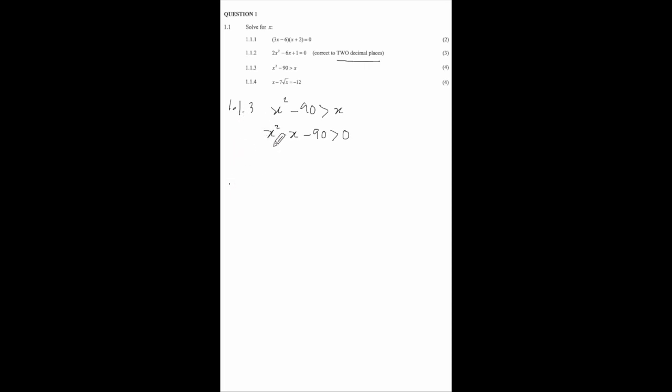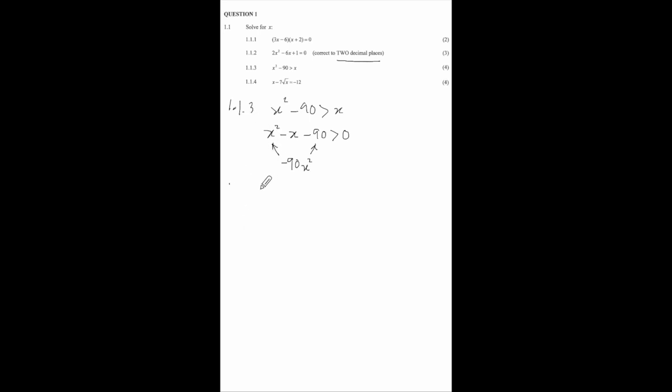So if you don't know how to do that, I would suggest one approach which I normally use. So I have this, I multiply the first, which is x squared, times the last, which is negative 90, so it becomes negative 90 x squared.